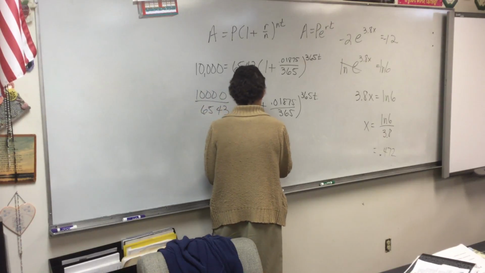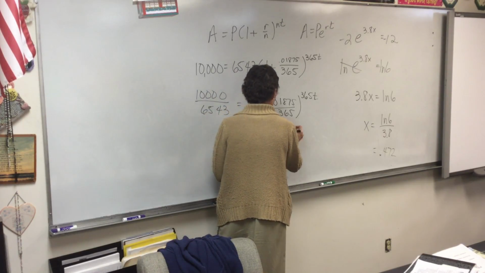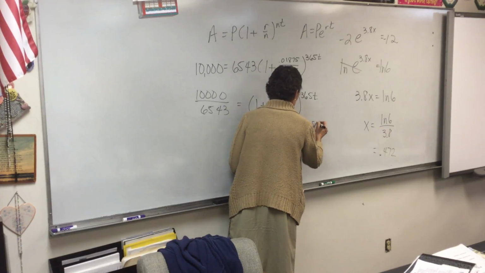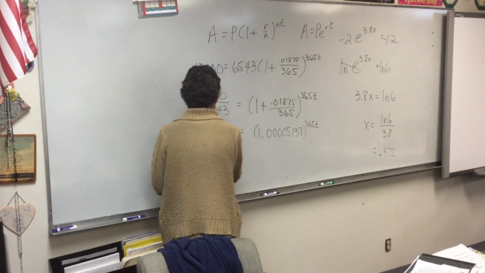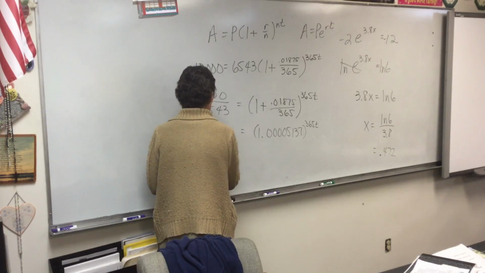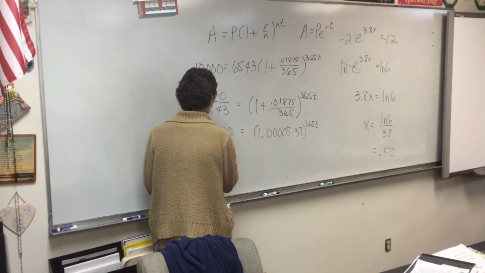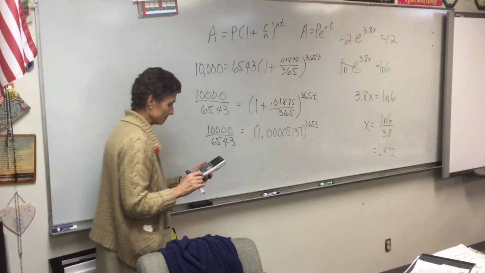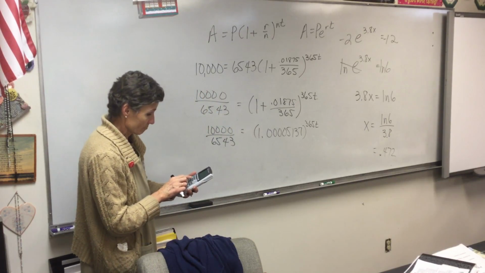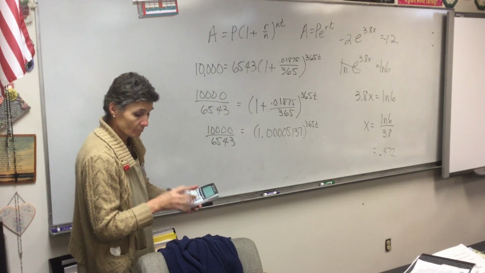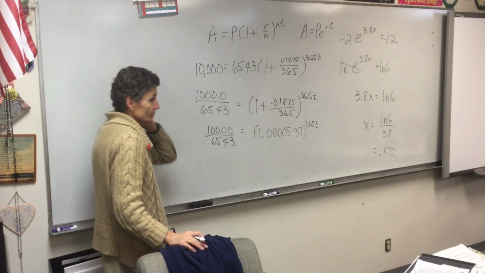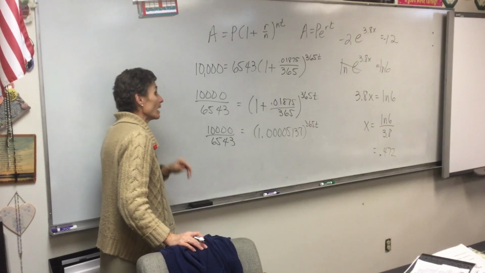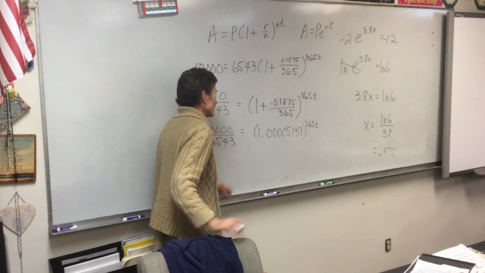So that's 1.00005137. Alright. Now what, Robbie? Take the logarithm of both sides. If you wanted to ln, you could, but there's no advantage to it this time.